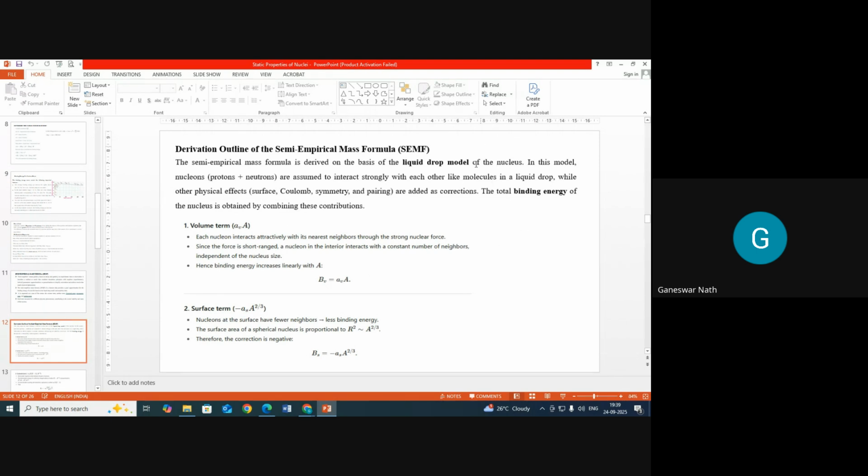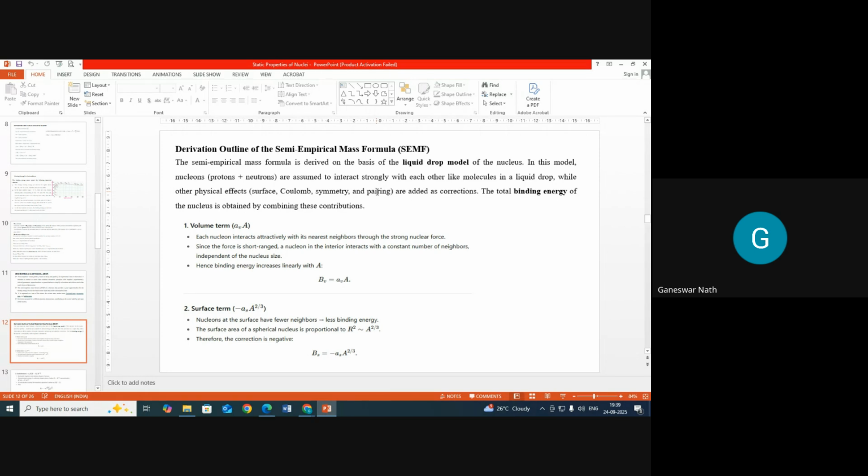When they interact, the interaction energy appears due to different contributions like surface energy, Coulomb energy, symmetry and pairing. That is why each one adds a term to this semi-empirical mass formula.